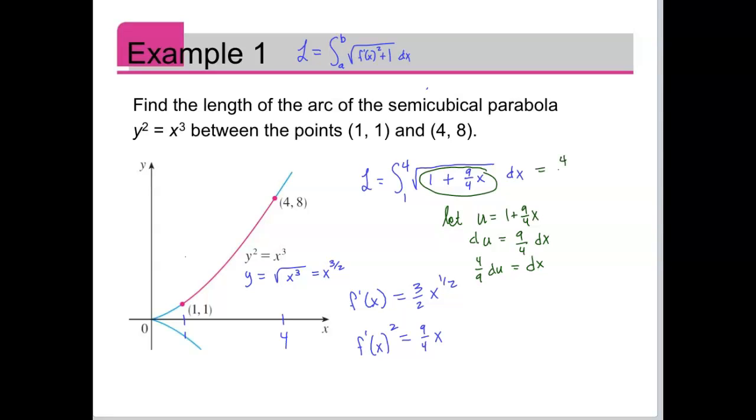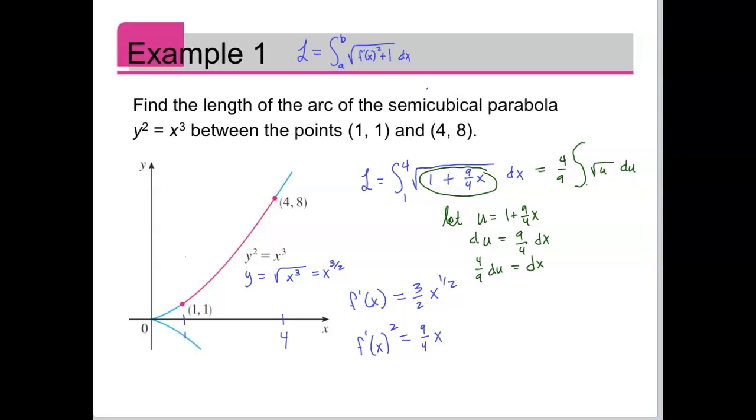So then my integral just becomes 4/9 integral root u du. And since this is definite, I can just go ahead and update my limits of integration, and I don't have to go back to terms of x. All right, so when x is 1, u would be 1 plus 9/4, which would be 4/4 plus 9/4.